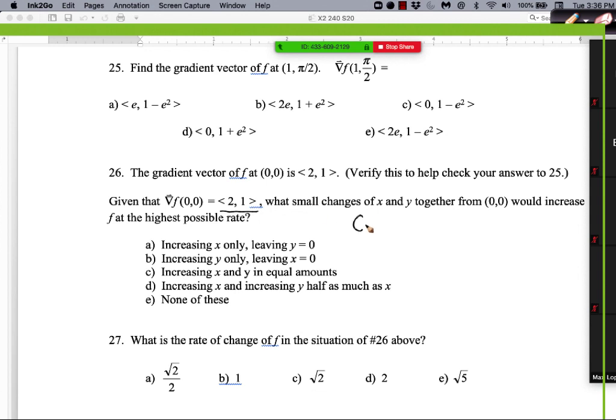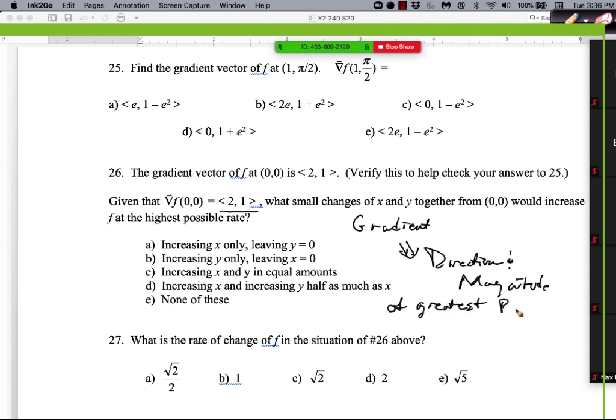So the gradient gives direction and magnitude of greatest rate of change. So if I want the rate of change in the situation, meaning the greatest rate of change, then I'm going to find the magnitude of the gradient, which is square root of 5.